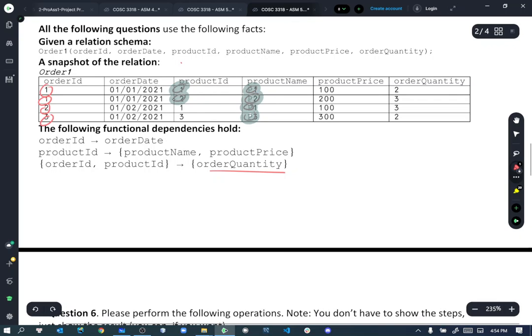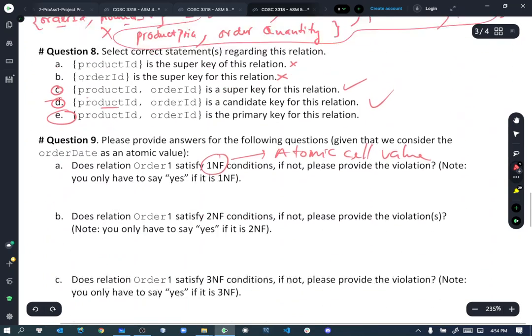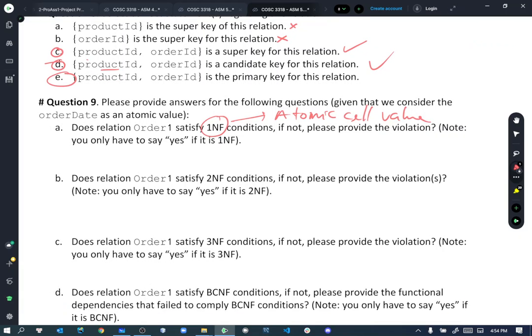You don't have such a thing like P1, P2, P3, three values. Now, you may have multiple values here like day, month, year, but I already said the order date is atomic, so I consider this as one. I don't split them. So from here, it's satisfying the first NF condition because there is no repetition, there is an atomic cell value for everything.